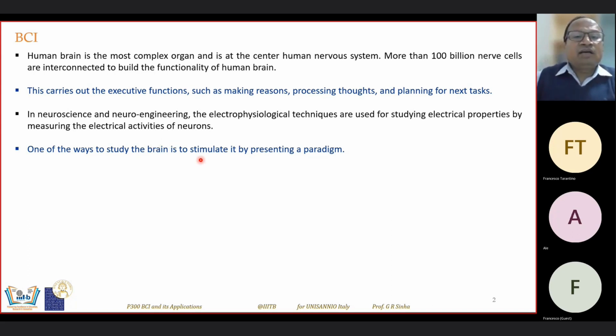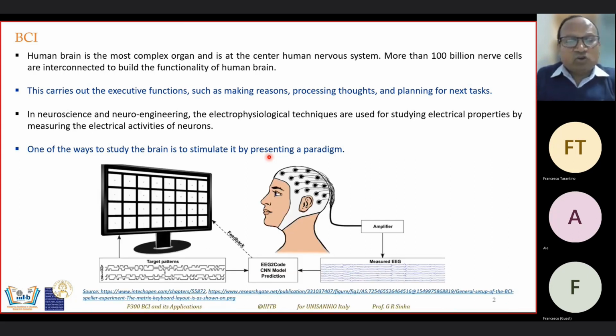The brain can be stimulated by presenting a paradigm. So what is a paradigm here? I was telling you there are different types of systems by which we can provide some sudden or surprising signal to the human brain, either in the form of a letter, picture, sound, and so on. That is called a paradigm.